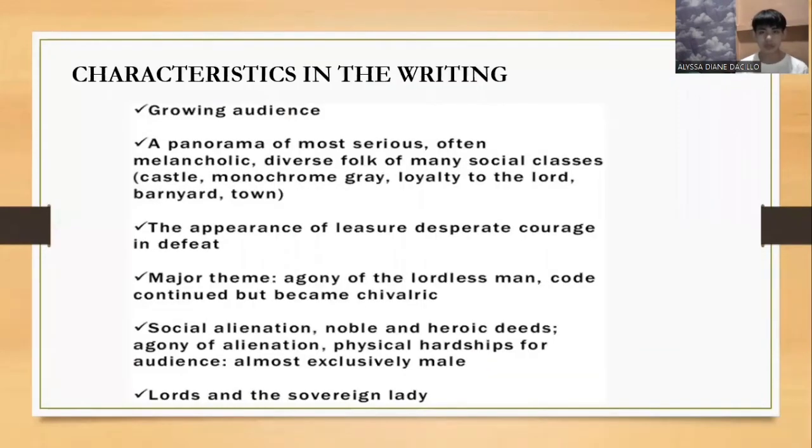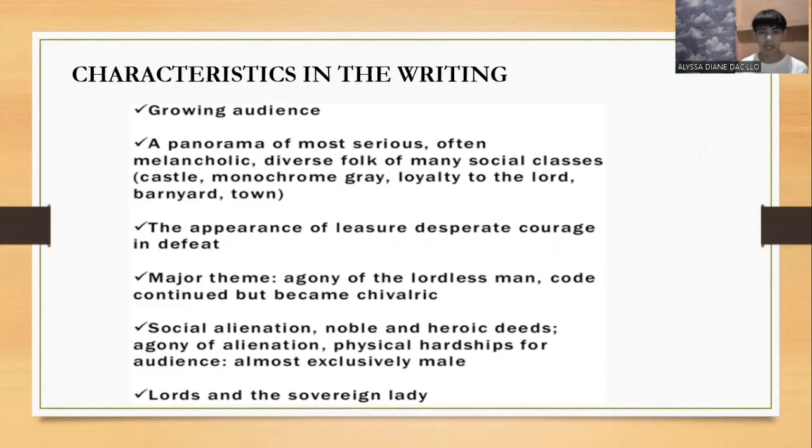Characteristics in the writing: the first one is a growing audience, and next is a panorama of most serious, often melancholic, diverse folk of many social classes, which is castle, monochrome gray, loyal to the lord, and banner and town. The next one is the appearance of leisure, despair, courage in defeat.